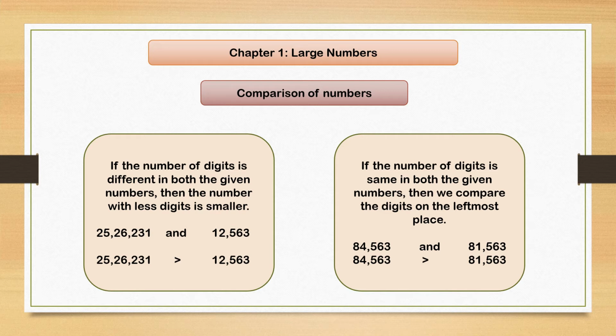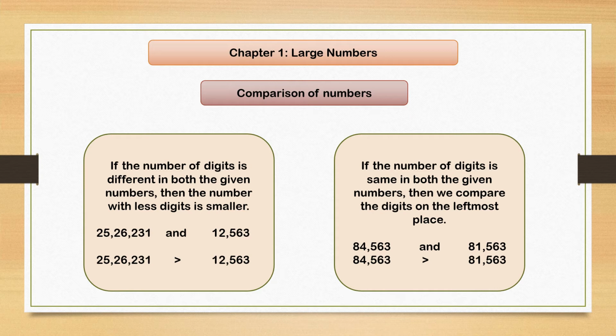So, whichever number has greater number of digits, that will be greater. For example, here we have the numbers 25,26,231 and 12,563. If you observe carefully, the first number has more digits than the second number. So, the first number is greater than the second number.